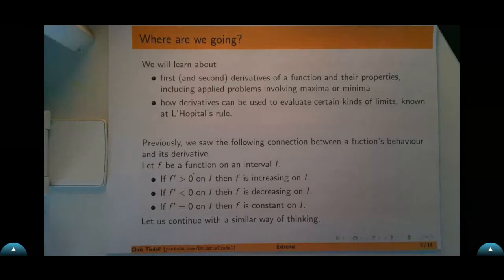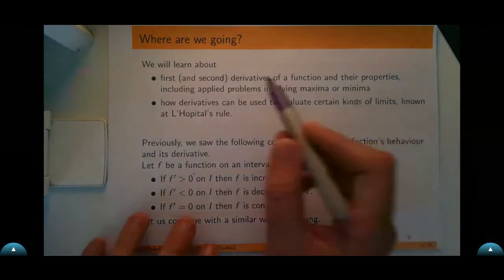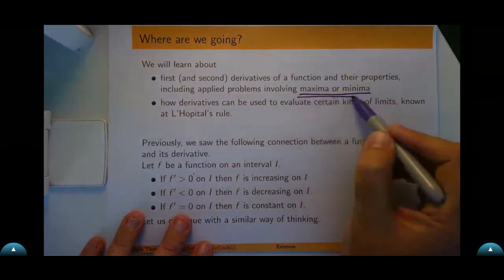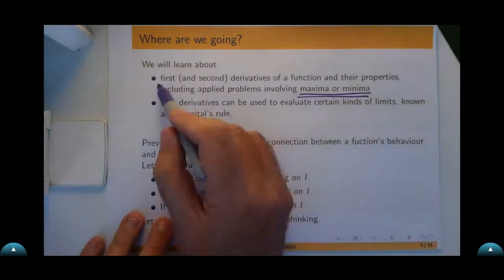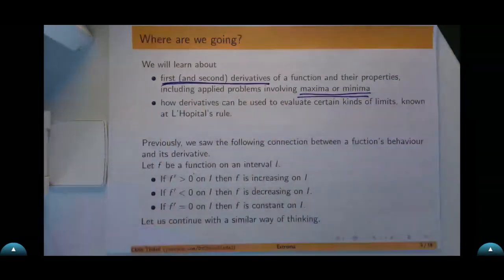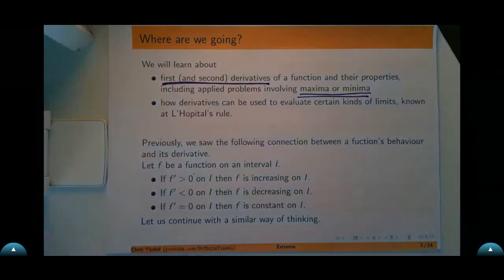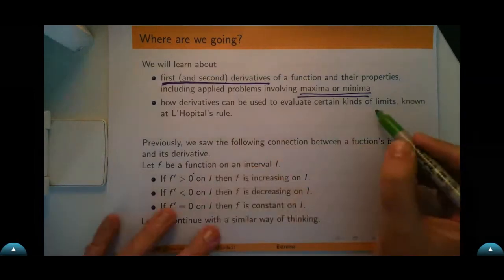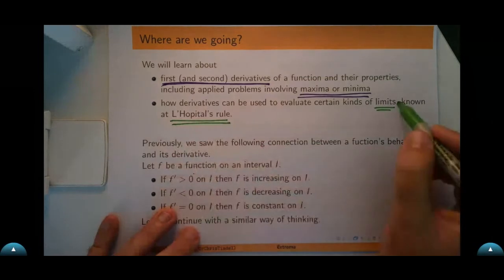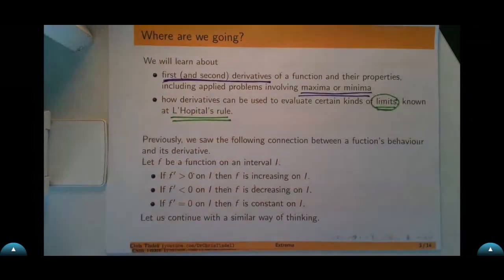As you know, this is the calculus part of the course, so we're going to look at these maxima or minima and investigate them using derivatives, so first and second order derivatives. The second thing we're going to do is look at L'Hopital's rule, which has to do with taking limits.